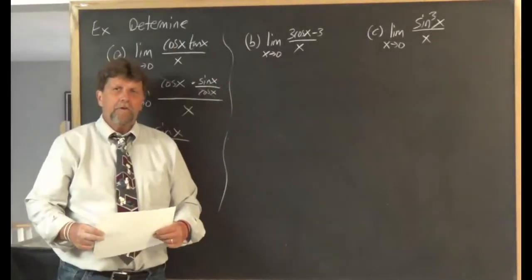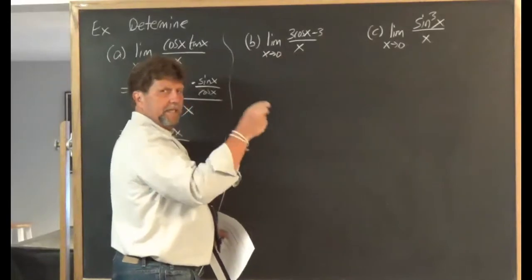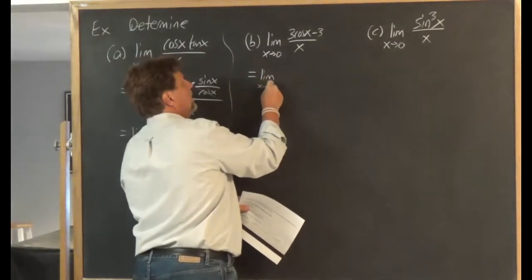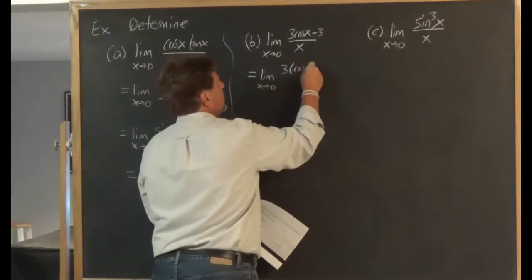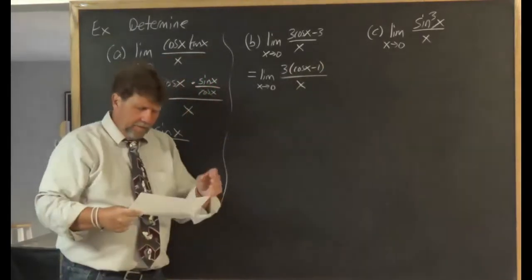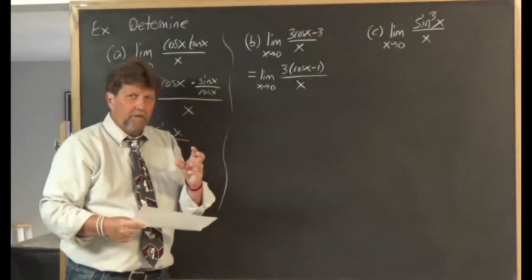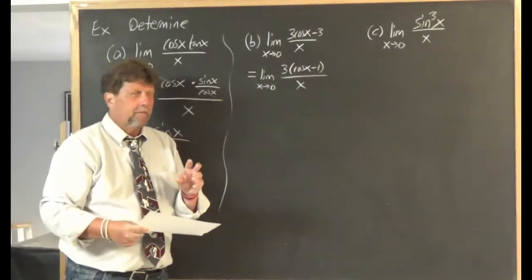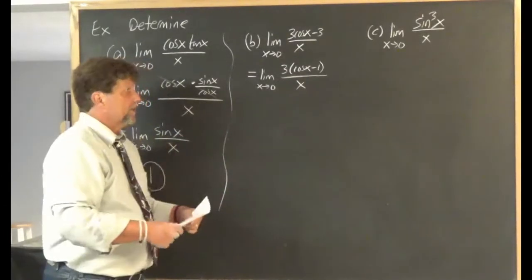All right, let's see if you have a correct answer here for part B. Direct substitution gives me 0 over 0. So in the numerator, I can factor out a 3. And now you remember there's an old limit theorem that says the limit of a product is the product of the limits.